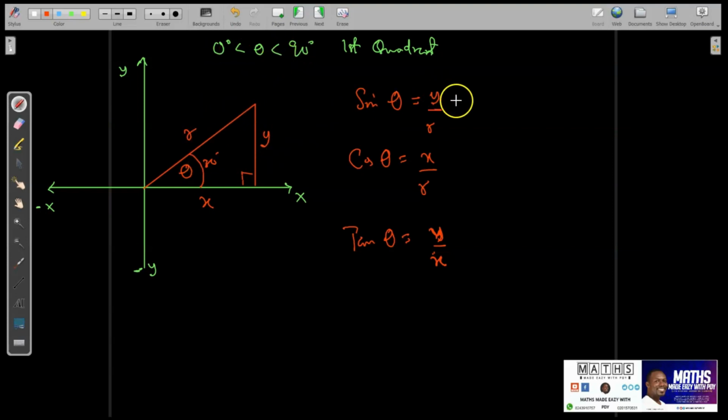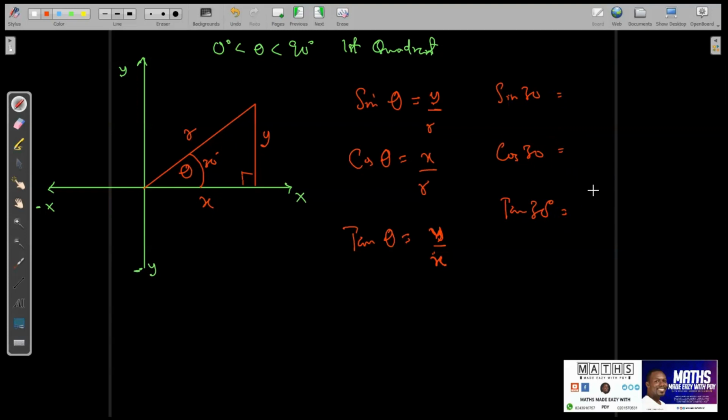So the answer must be a positive number automatically. We've already found sine 30, cos 30, and tan 30. They are special angles, and we realize that all these values were positive numbers. Am I right?